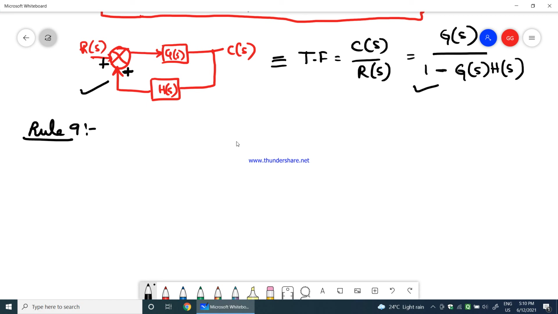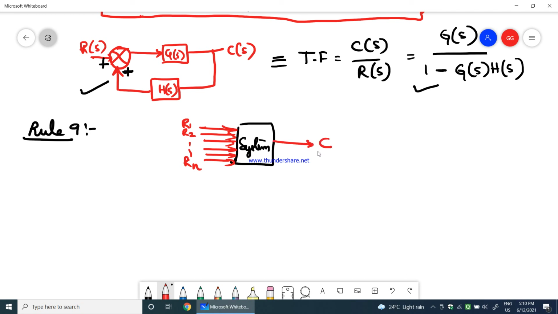In rule 9, think we have a system and think we have many inputs for the system, like this, R1, R2 till Rn, and you have one output from the system. So how do we find out the transfer function for such a case, where you have many inputs in the block diagram, whereas you take one single output?